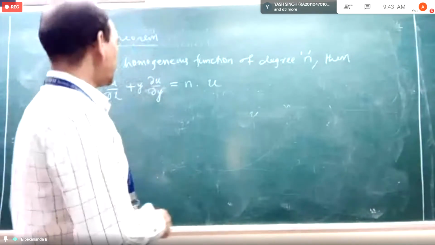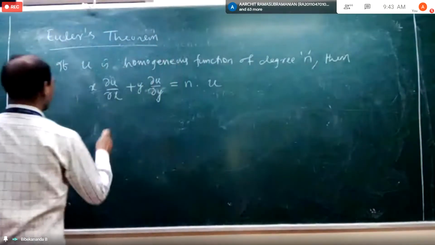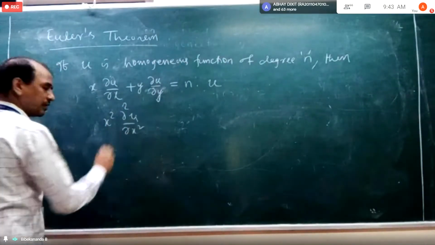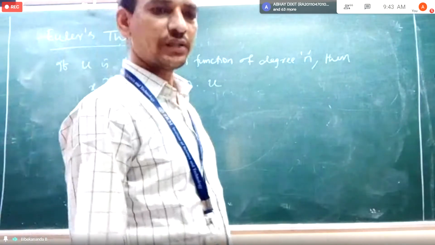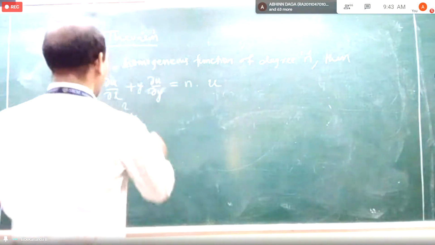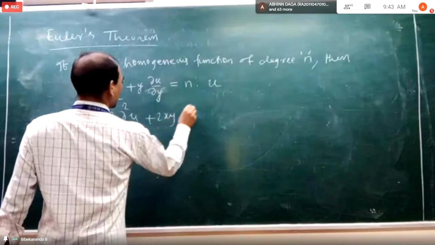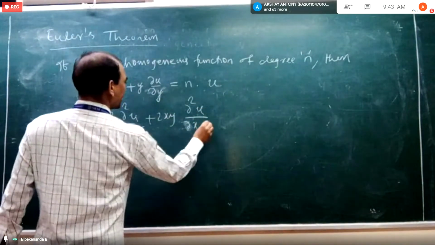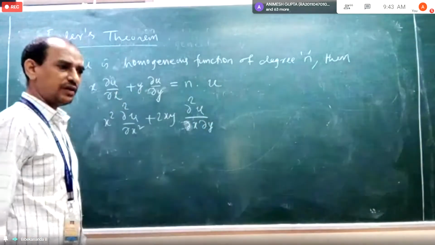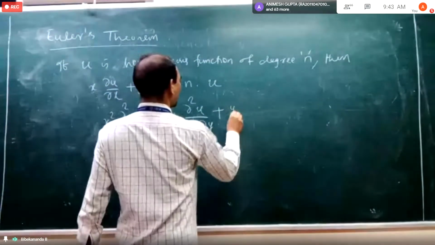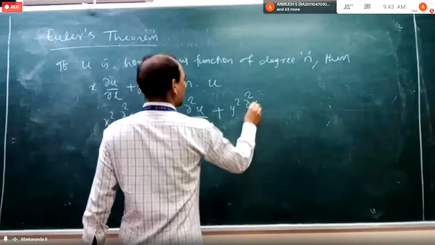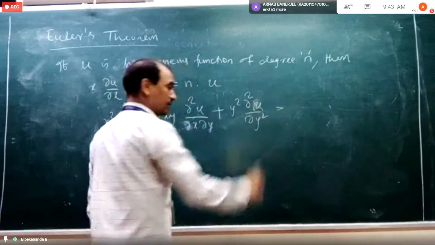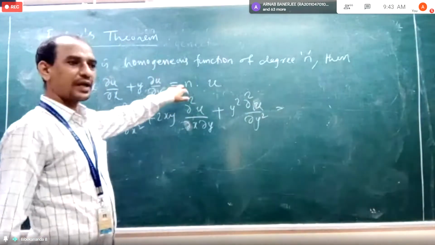Now similarly, if we take the second order derivative, x square dou square u by dou x square plus 2xy dou square u by dou x dou y plus y square dou square u by dou y square is equal to. Now this will be no more n.